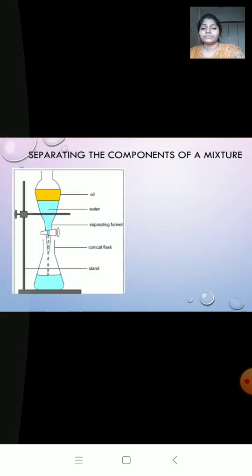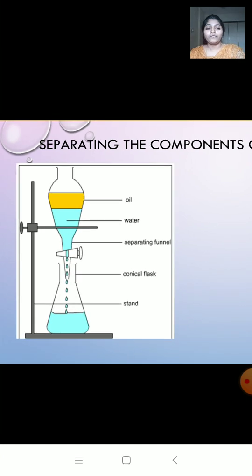Now we have a mixture of oil and water. Take a mixture of oil and water in a separating funnel, shake it properly, and keep it undisturbed for some time. So what will happen? Water and oil will separate.